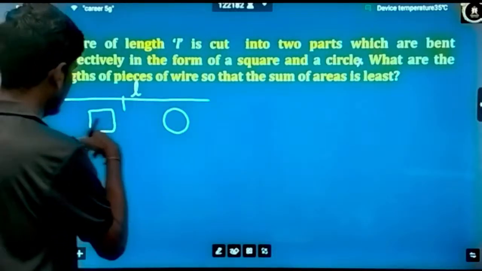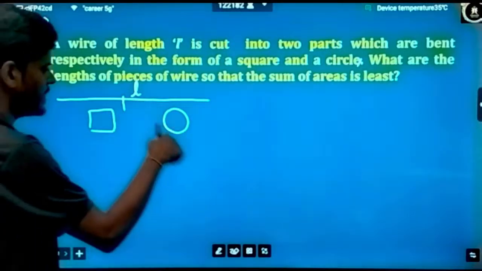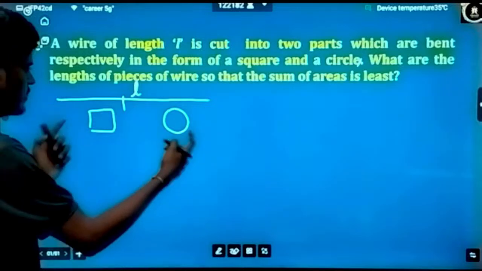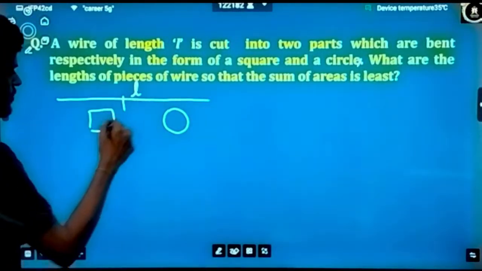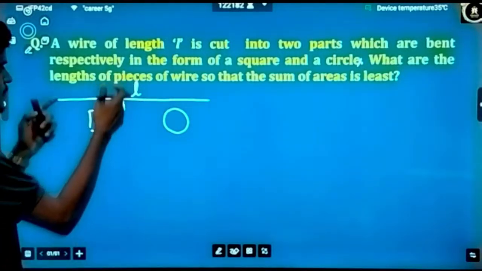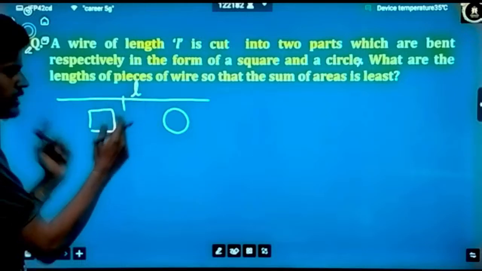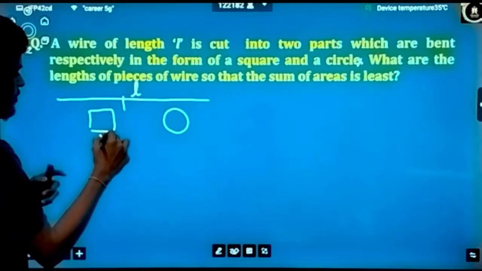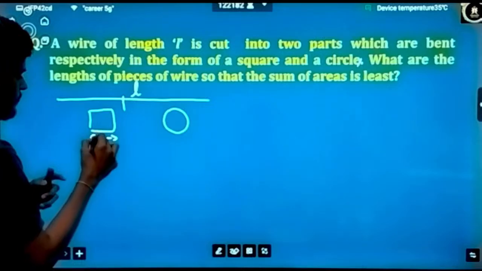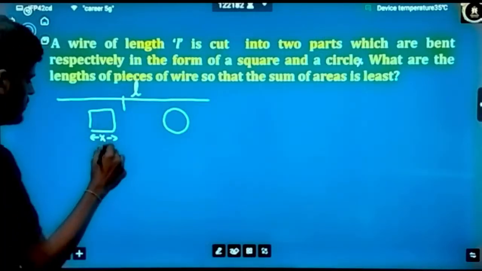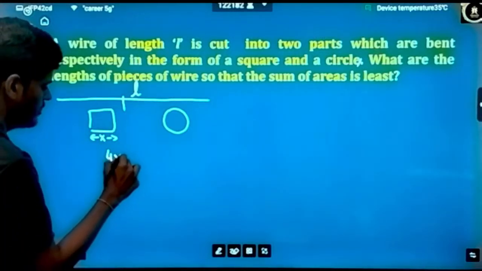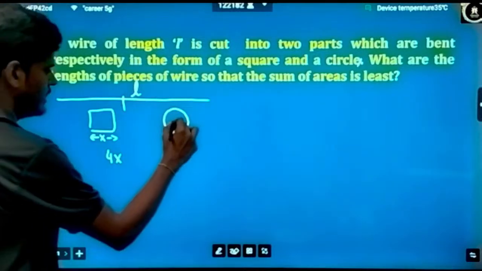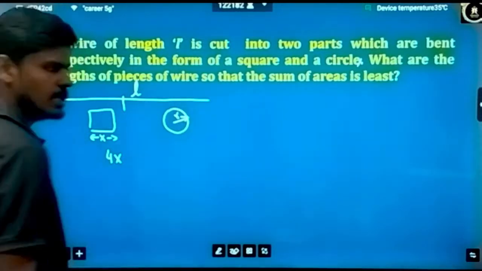That means we have to find the perimeter of square and perimeter of circle, that will be total length L. So what is the actual condition? We are splitting this wire of length L into two segments. Let's take the side of square as x. That means perimeter of square will be 4x, and let's take the radius of circle as r.